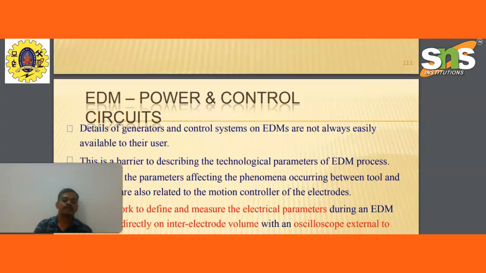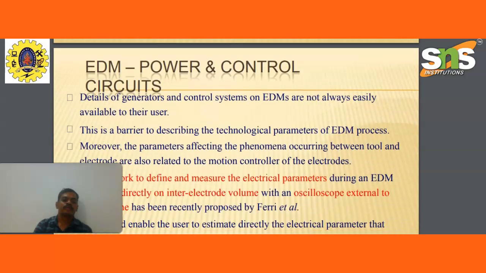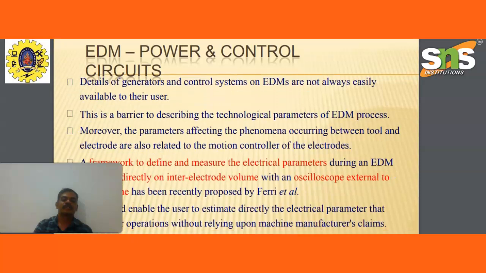EDM power and control circuits. Details of generators and control systems of EDM are not always easily available to the user. This is a barrier to describing the technological parameters of the EDM process.